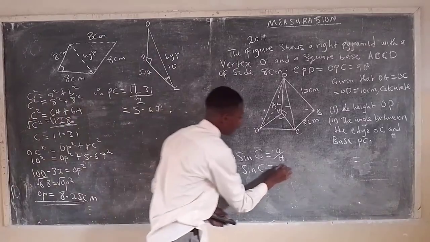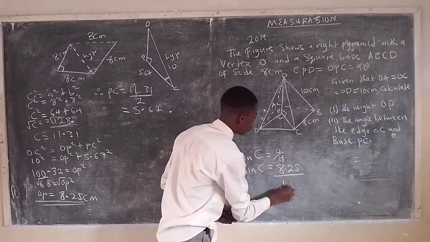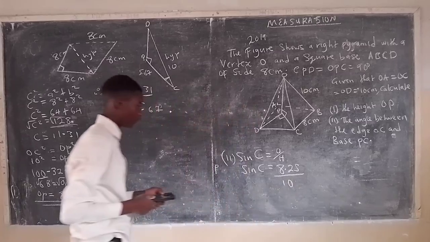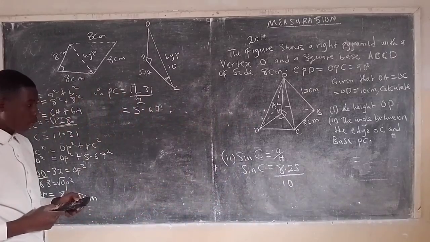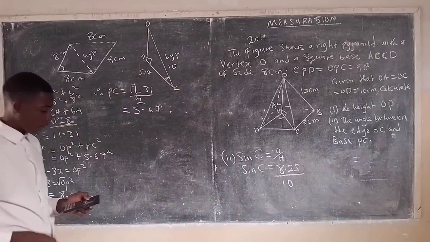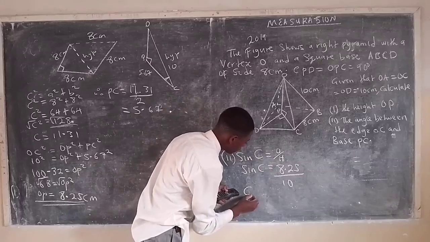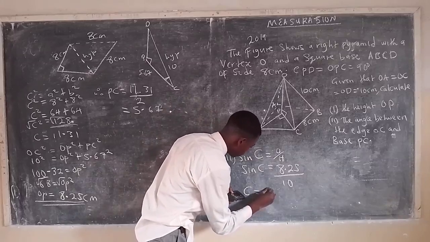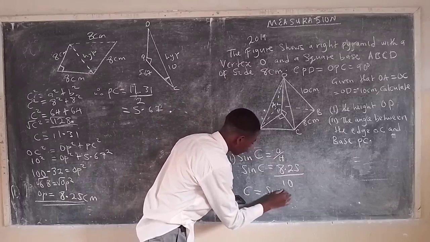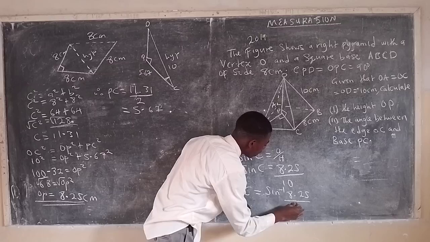So we have 8.25 over the hypotenuse, which is 10. When we divide by 10, we have 0.8 something. So C is obtained by taking the sine inverse of 8.25 over 10.